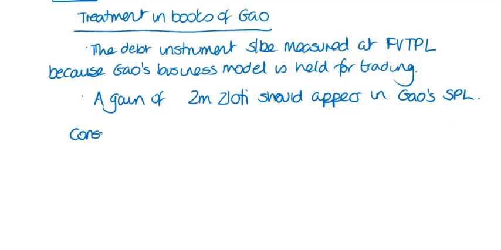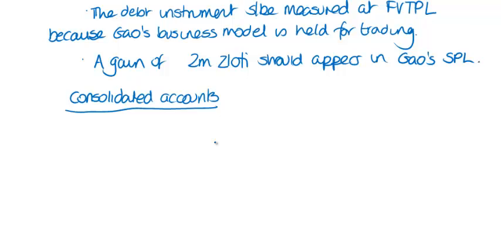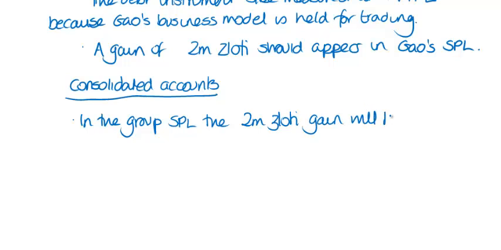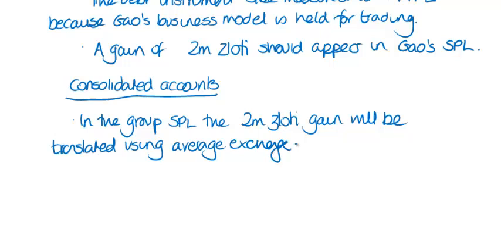If we take a look at the consolidated accounts, in the group statement of profit and loss, the 2 million zloty gain will be translated using the average exchange rate for the year of 2.5.